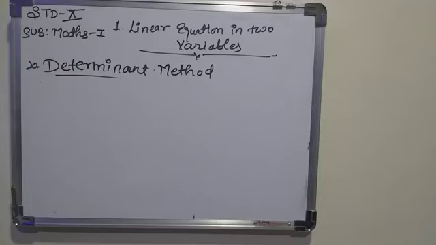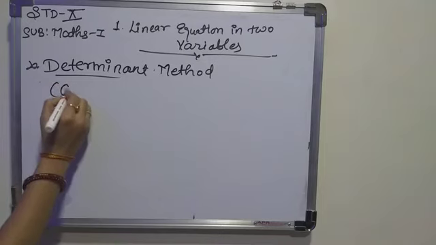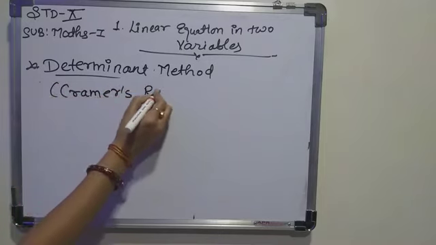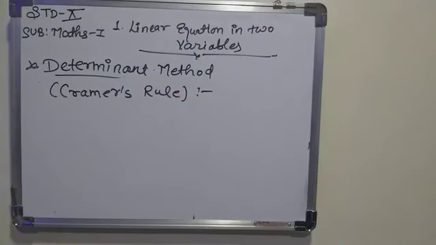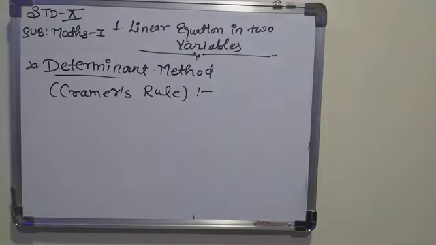So there is another name for the determinant method, that is Cramer's rule. You can call this method the determinant method, and you can also call it Cramer's rule, because this method was given by the mathematician Gabriel Cramer.